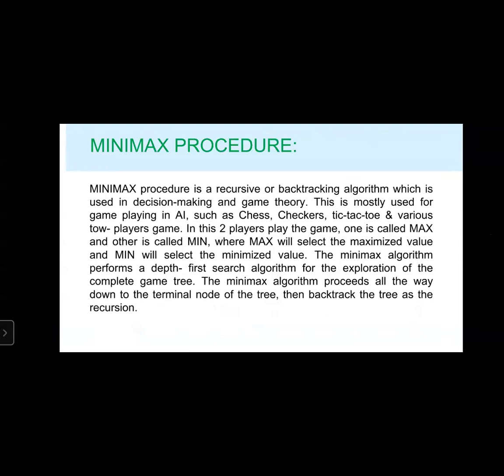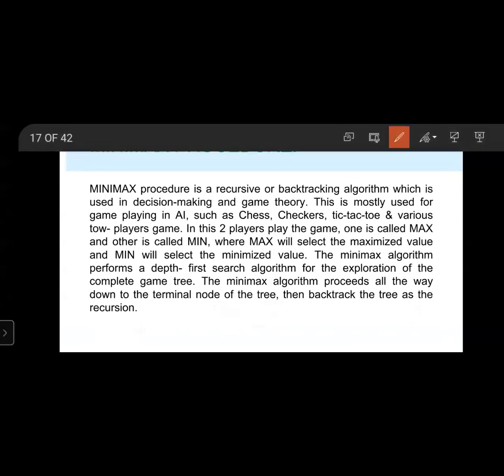Min-max procedure, very important. What is the min-max procedure? Minimum and maximum procedure. The min-max procedure is a recursive or backtracking algorithm which is used in decision making and game theory.